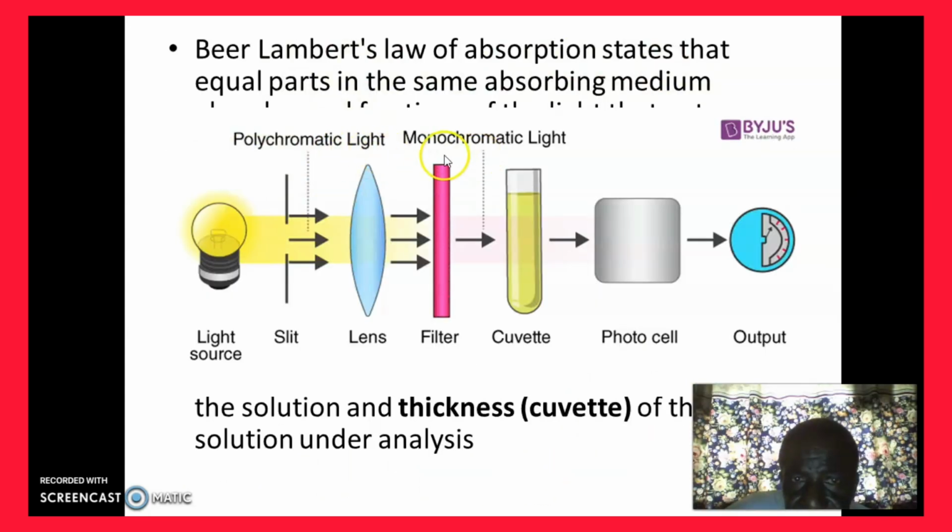chromatic light, monochromatic light. This is the polychromatic. Now, when it comes, this is the lens. It allows you to converge here. The convergence here is what now, with this monochrome filter, allows only the red light, the other frequency, to pass through.